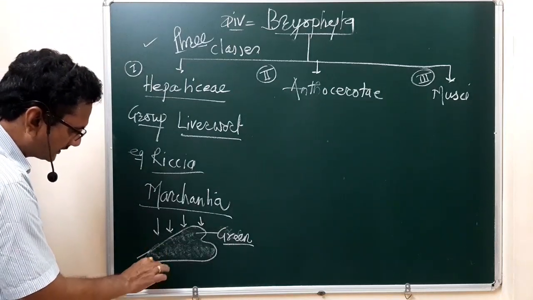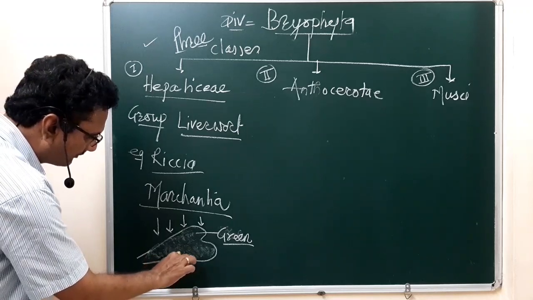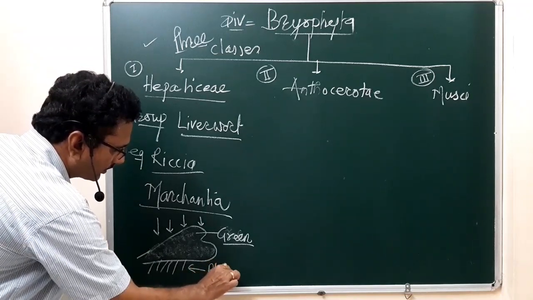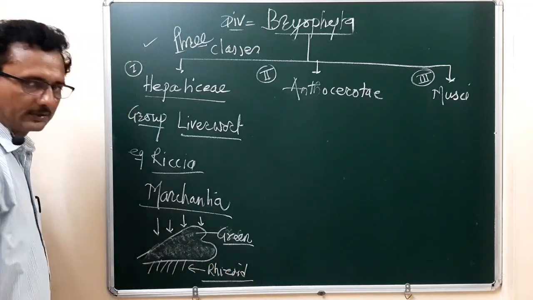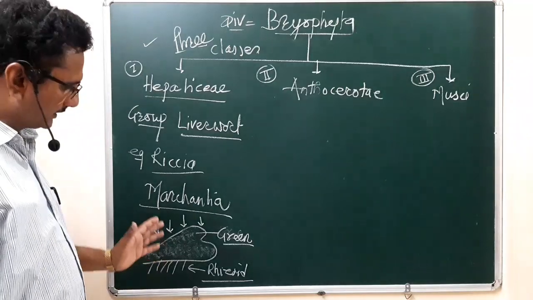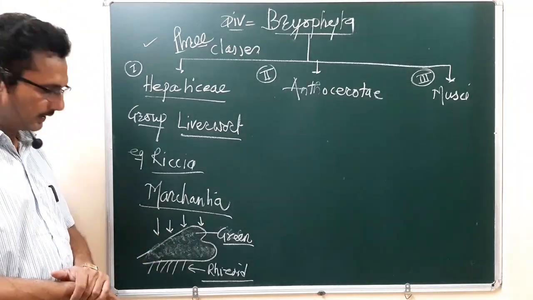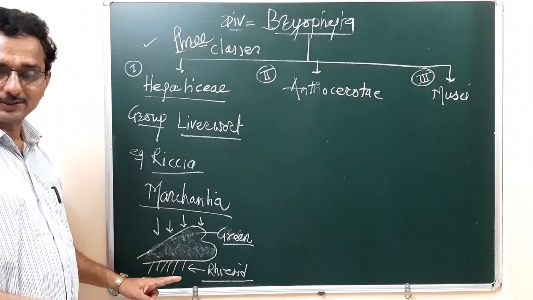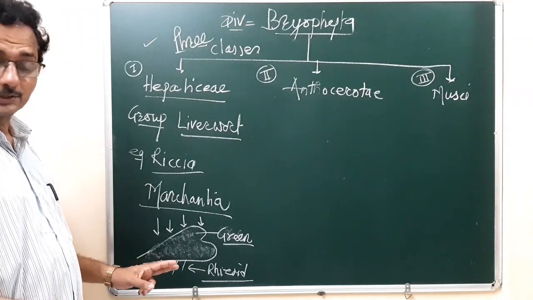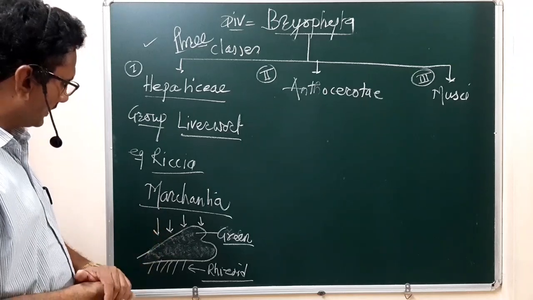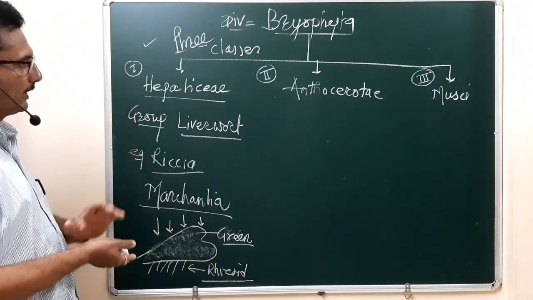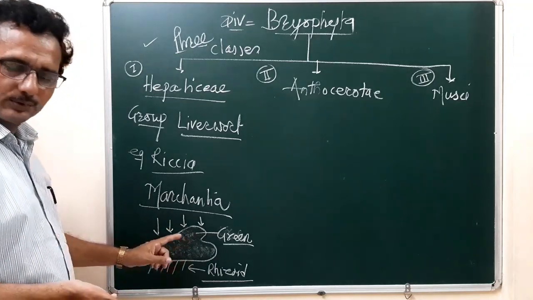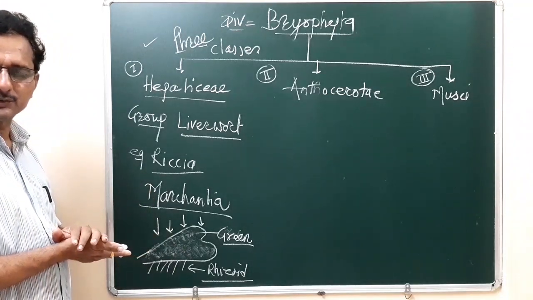And toward the ventral side, the side that faces the soil surface, they show the presence of rhizoids. We have seen in the previous lecture what the characteristic feature of the rhizoids is and what type of rhizoids. These rhizoids are unicellular rhizoids, reported in this class Hepaticae. The green portion is photosynthetic.